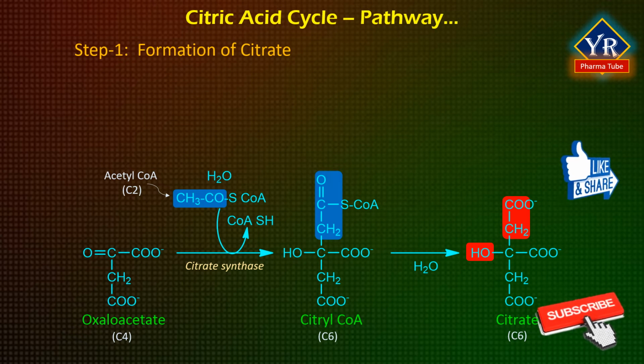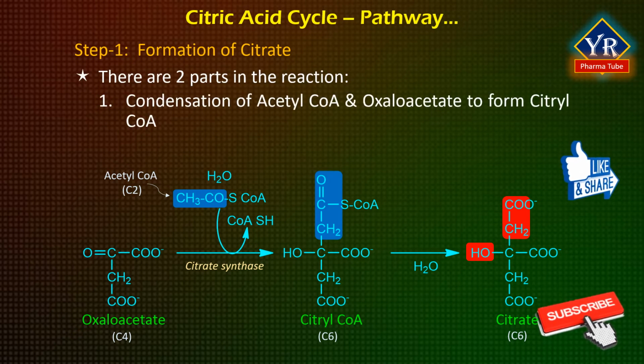In other words, acyl CoA, which carries the 2-carbon degradation product of carbohydrates, fats and proteins, enters the cycle by combining with the 4-carbon keto dicarboxylate compound, that is oxaloacetate. This results in the transfer of the acetyl group from coenzyme A to oxaloacetate, producing the C6 citrate compound and a free coenzyme A.